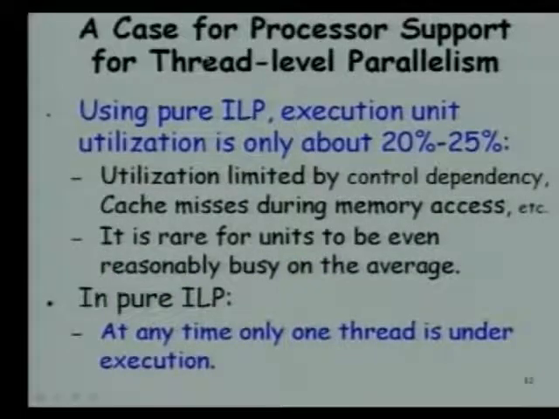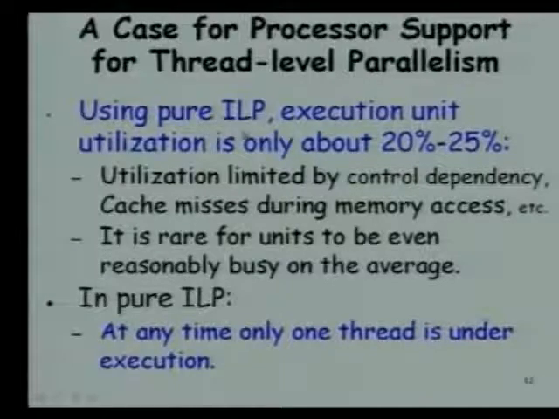Now, let us see the processor support that is required to exploit thread level parallelism. In pure instruction level parallelism, the execution unit utilization is about 20% to 25%, that is experimental data.